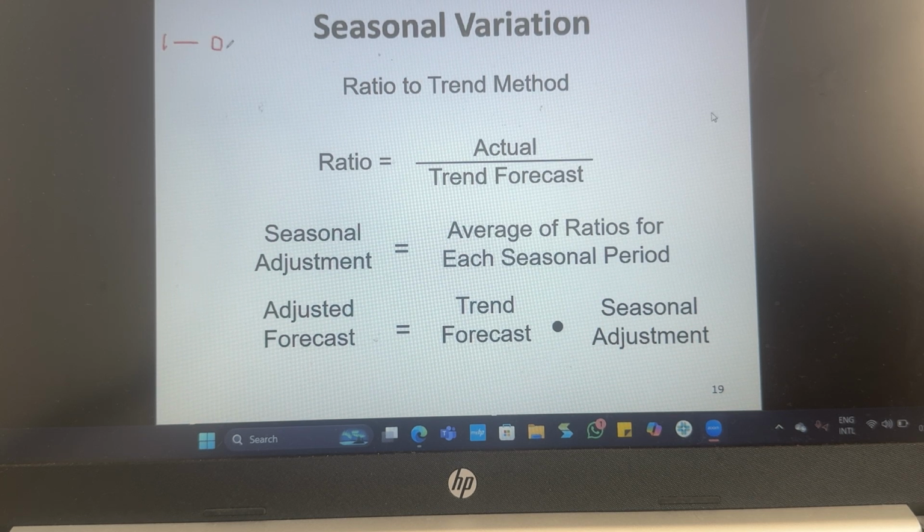0.977. And in the same fashion, you can get the seasonal adjustment for the second quarter, third quarter, and the fourth quarter.